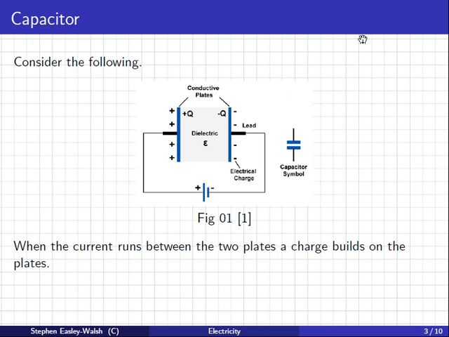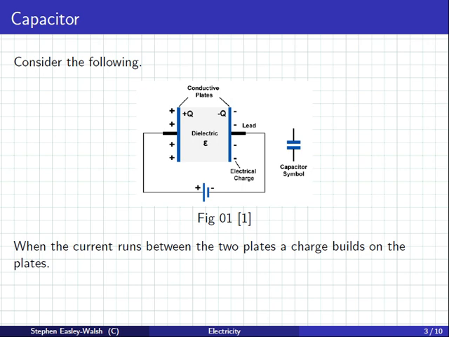So if we look at the following circuit, it's an extremely simple circuit. You've got a power supply, and you've got two metal plates, two conductive plates, copper, whatever. And between the two plates you have what's called a dielectric, but I think this still works even if it's a vacuum. The idea is you have two plates which are close together, but they don't touch, okay?